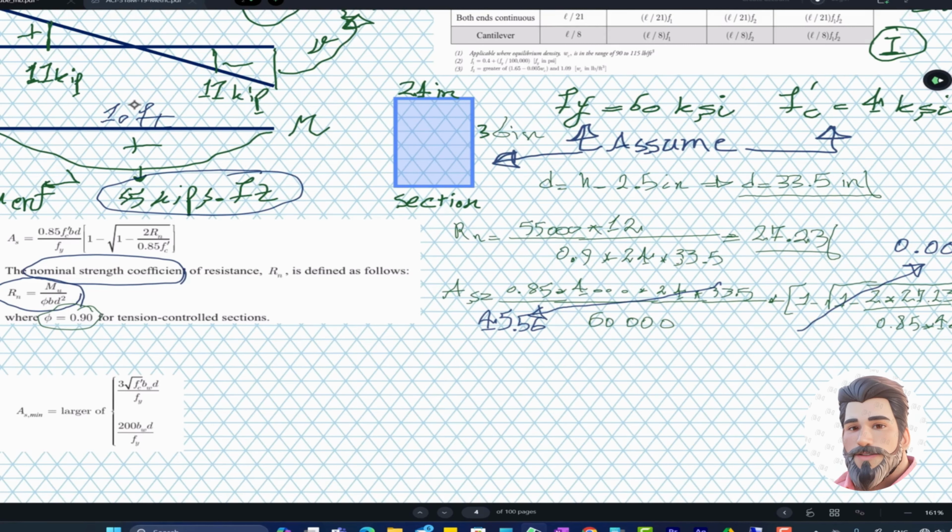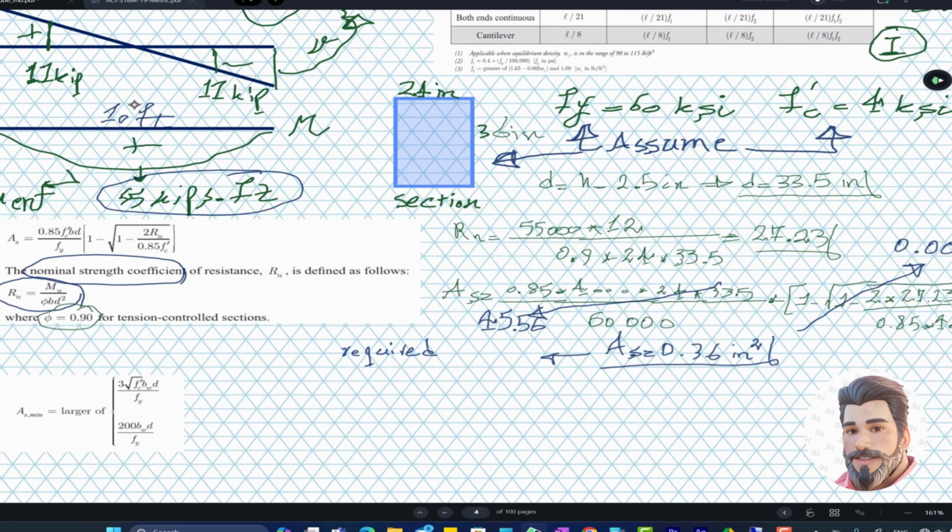If the value of our manual calculation is greater than As minimum, we choose our manual calculation value, and if the minimum cross-sectional area of the rebar is greater than the value of our calculation, then for this condition we choose the minimum required cross-sectional area of the steel or rebar.